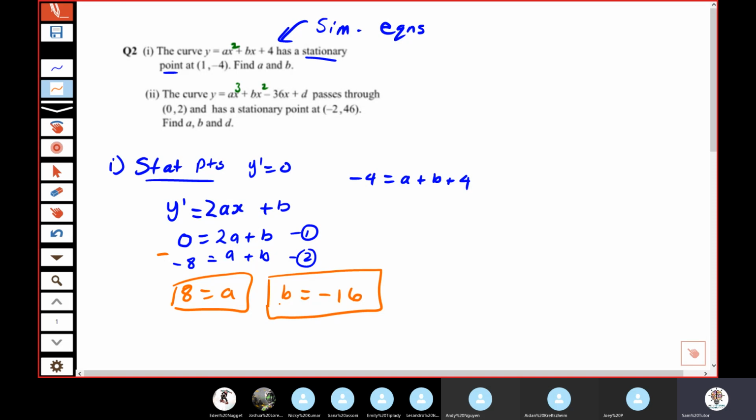And the fact that it's a stationary point, what can I also do? You'll eventually have to do simultaneous. Sub in as well. Don't forget, you can sub it in as well. So you should have 3 substitutions essentially. Go. Good luck. I'll leave it with you for just 2 minutes so I can sort everything else out.